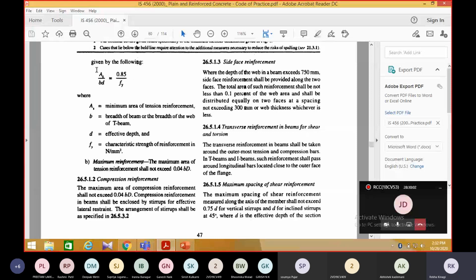So this AST is AST minimum. So AST minimum is equal to 0.85 BD divided by Fy, and the maximum reinforcement shall not exceed 0.04 times B into D. So we need to calculate this value.